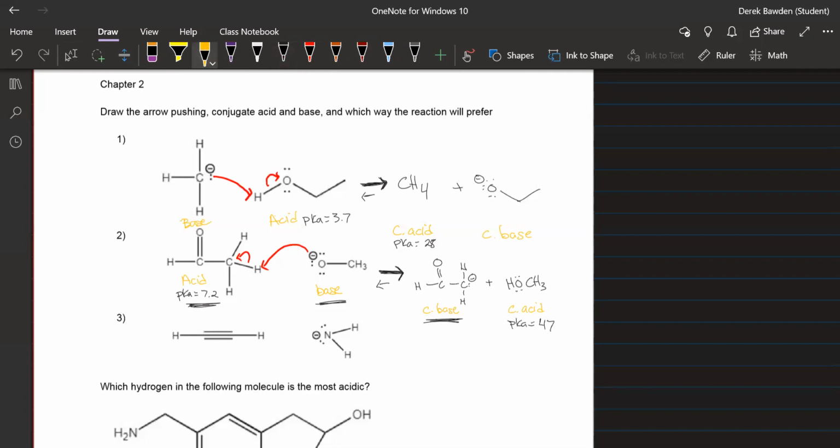All right. Again, we've got our base and our acid. What is our base going to do? The base is going to accept the proton. Yeah. It's going to steal this proton, right? Or accept the proton. And these electrons will go onto the carbon. Yoink.